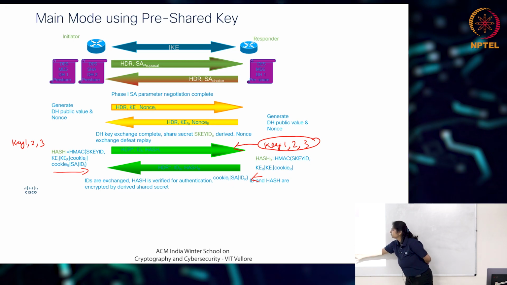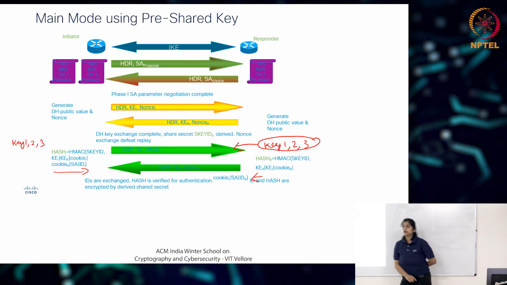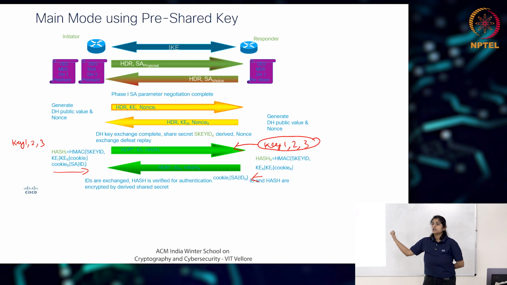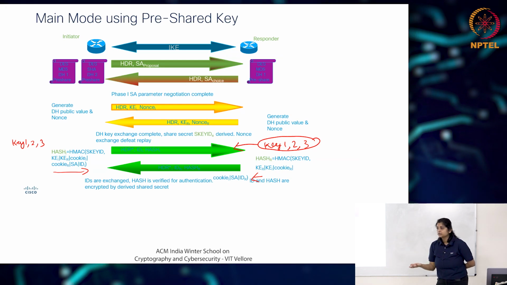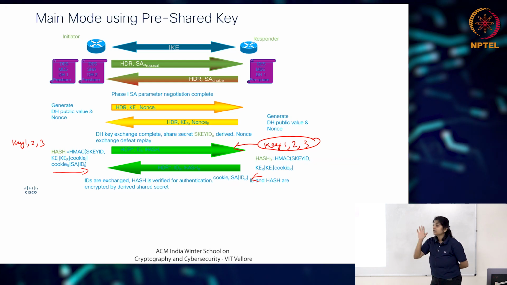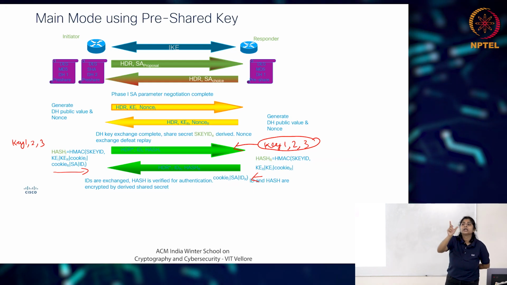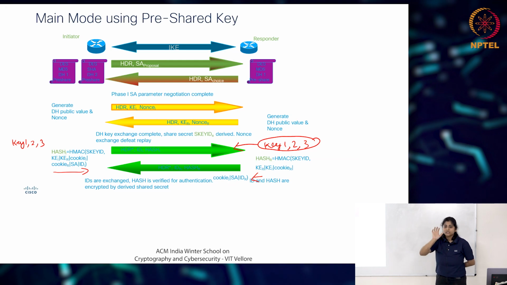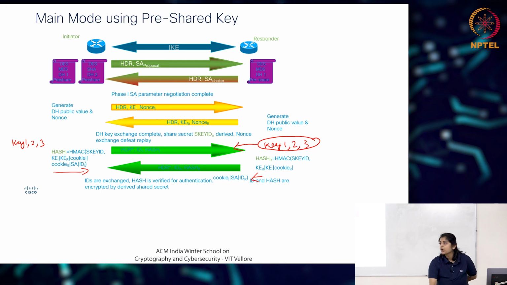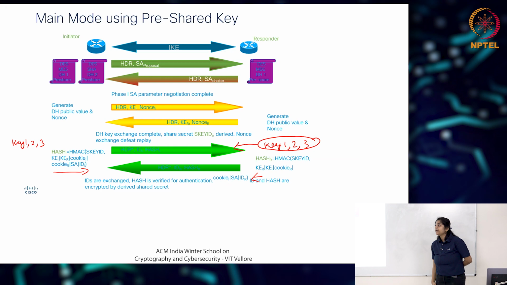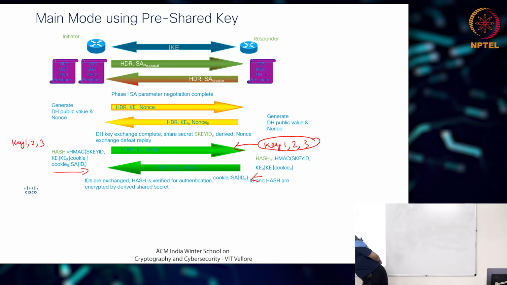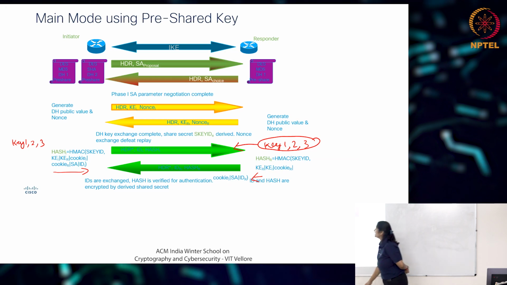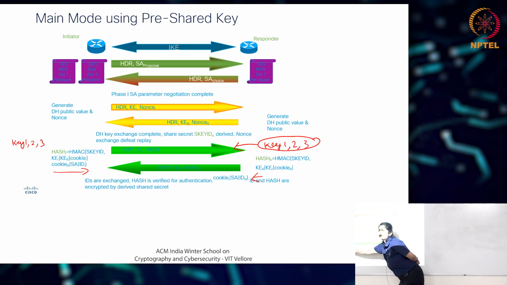So this is where the identity of the device also goes into the picture. If you have certificates, this exchange will have a certificate exchange. Otherwise, by default the host name or the IP address of that device, remember the 1.1.1.1 device IP, is what is exchanged. So you see the key identity, SA and ID1, right?